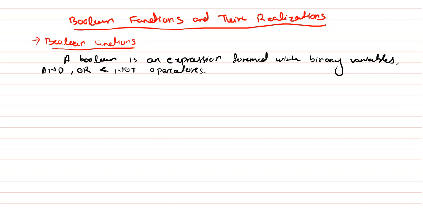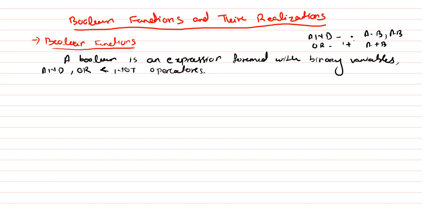So what are the and, or, and not operators? Let me tell you. For the and operator, this dot will be your and operator, or simply there will be nothing. Suppose I have written a dot b, or I have written ab, that will represent the and operator. What is or? Or will be your plus sign. So I can write a plus b.